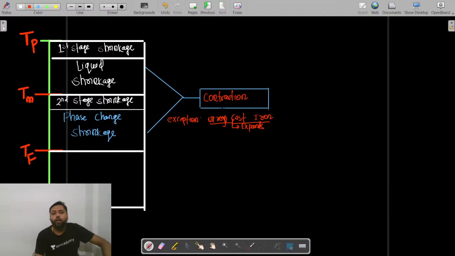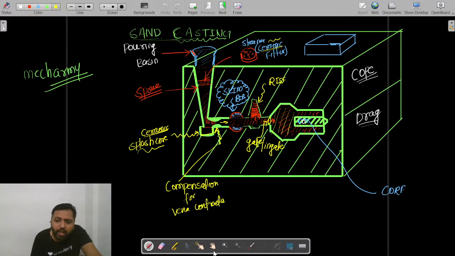By the way, all the other materials will only undergo contraction. So if the volume is contracting, and you allow that contraction and don't compensate for it, what will happen? You wanted a casting of this size, and you will end up with a casting that is smaller in size. You will get a dimensionally defective casting.